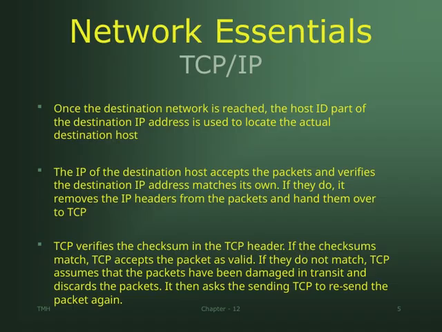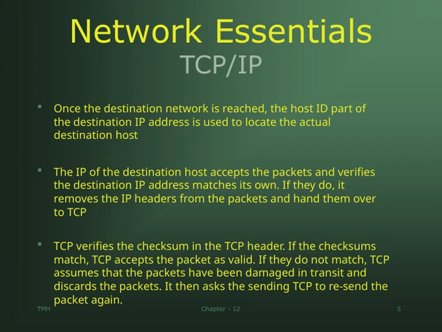TCP will verify the checksum in its header. That's a kind of integrity check to make sure the data wasn't corrupted during transit. If the checksum matches, TCP considers the packet valid and accepts it. But if the checksum doesn't match, it indicates that the data may have been damaged, so TCP will discard the packet. And here's an important point.